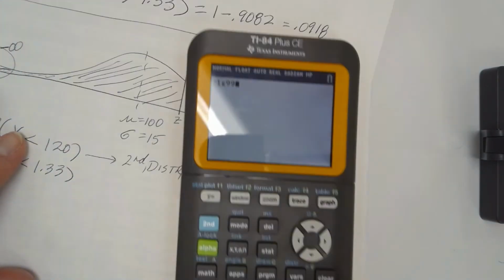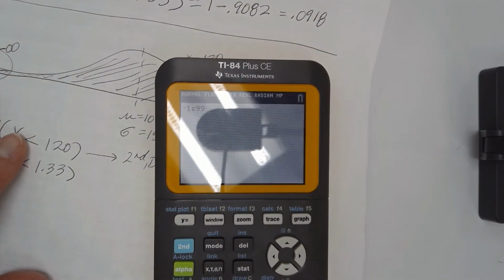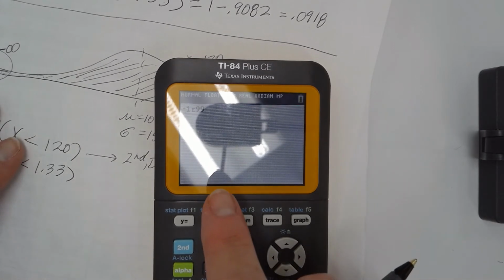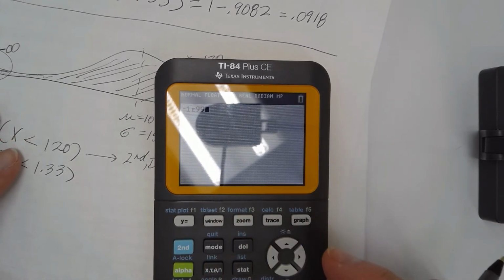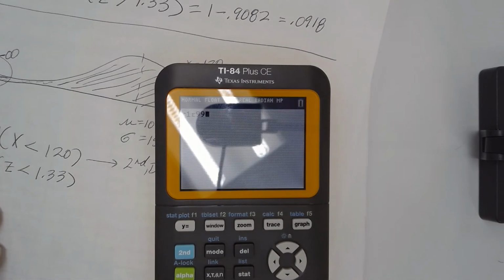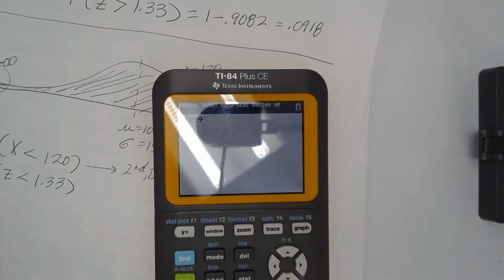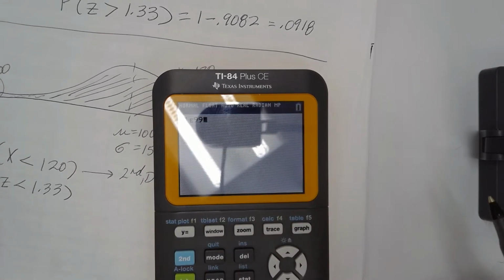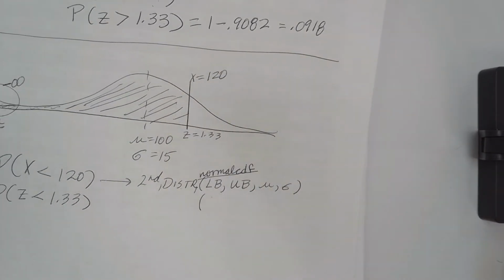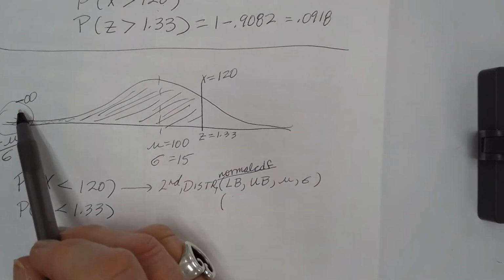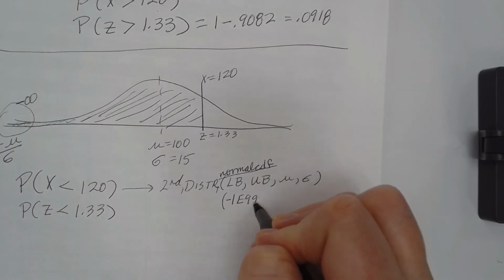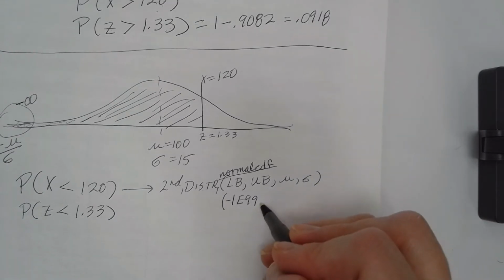So negative 1 E99. That represents negative infinity. It's negative 1 with the decimal moved 99 places to the right. That's what that means. It's a huge number, but negative. So negative 1 E99 represents negative infinity for the lower boundary.